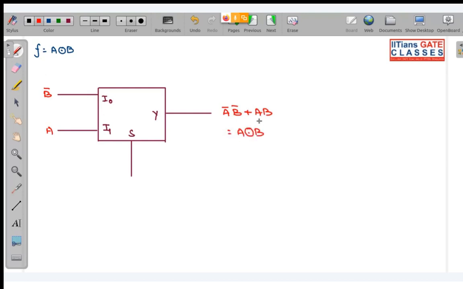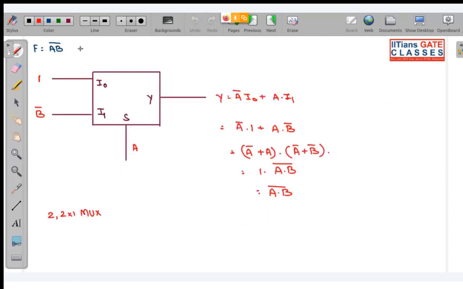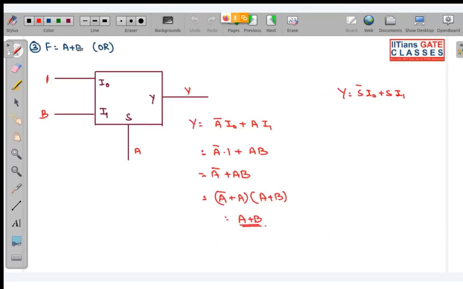Now, look over here. I am making one statement. Listen very carefully. If I am able to draw NOR and NAND, that means I can make any Boolean expression, because NAND and NOR gates are universal gates, and I am able to construct the basic gates using this 2 cross 1 mux.